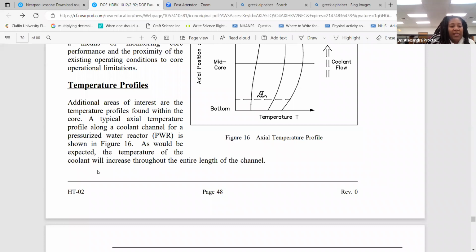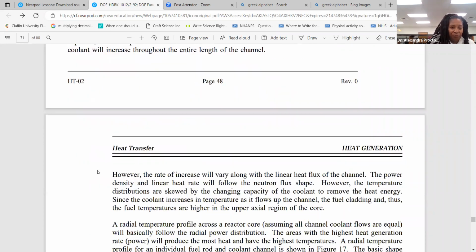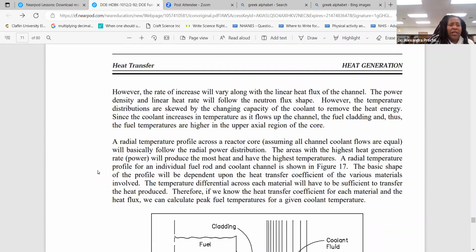As would be expected, the temperature of the coolant will increase throughout the entire length of the channel. However, the rate of increase will vary along with the linear heat flux of the channel. The power density and the linear heat rate will follow the neutron flux rate.